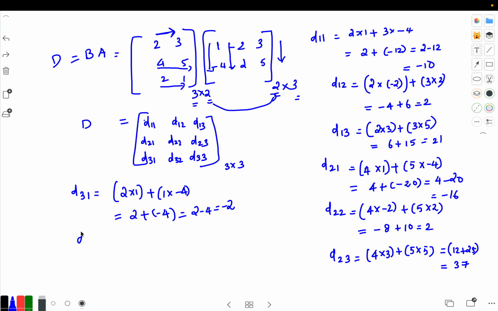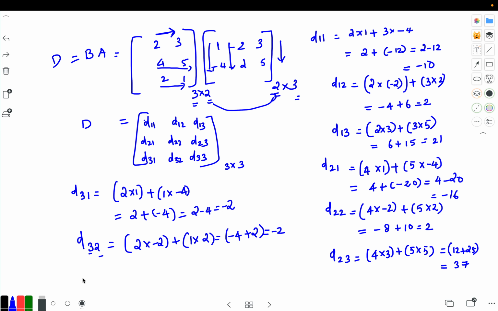Next, D32, the third row with the second column, is 2 into minus 2 plus 1 into 2, which is minus 4 plus 2, that is minus 2.